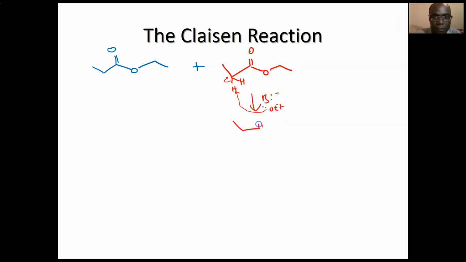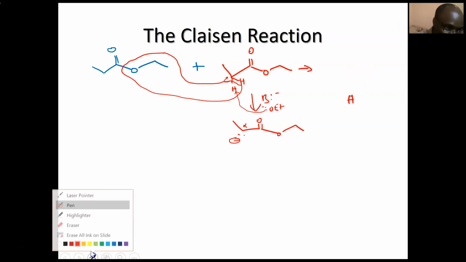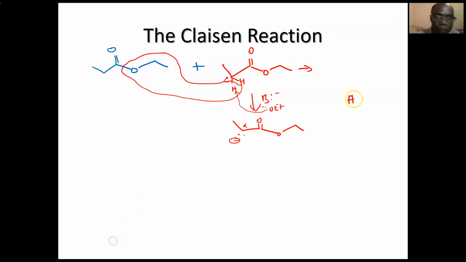So you get your carbanion. Now I will not move with the mechanism forward because I just wanted to show you the carbanion. This alpha carbon would be used to attack the carbonyl, and this falls off. But as per our shortcut, I just know that these two must fall off to give me ethanol. Following our shortcut, I'll get ethanol, and then the rest should connect.